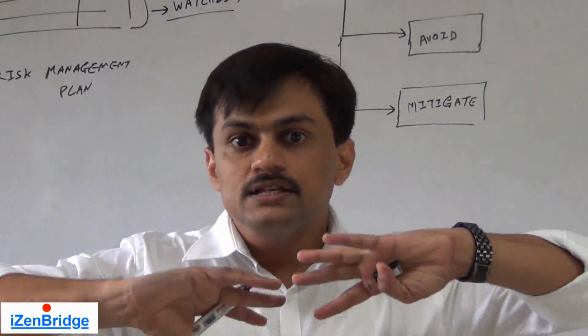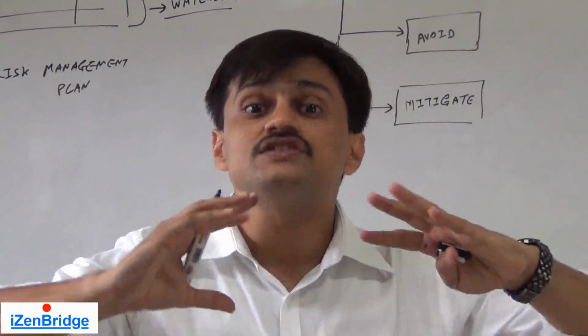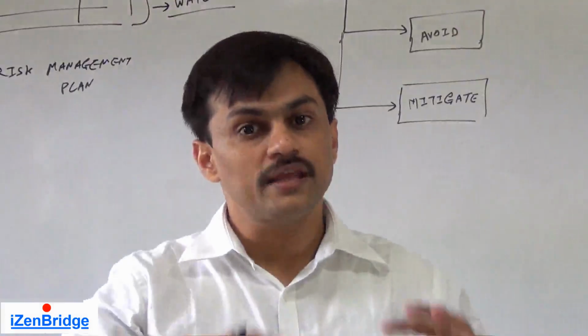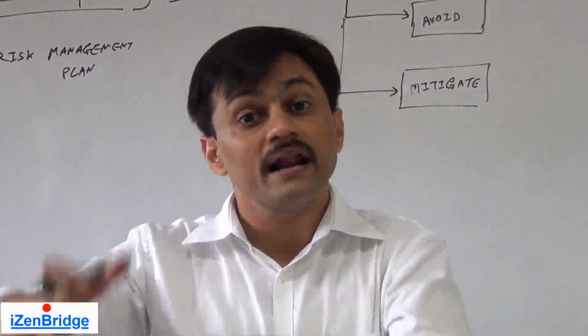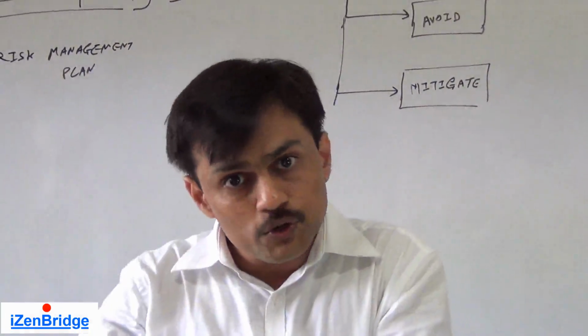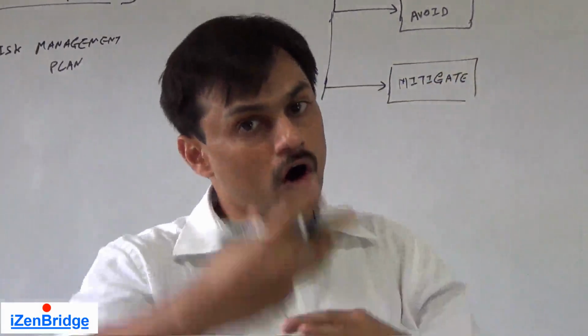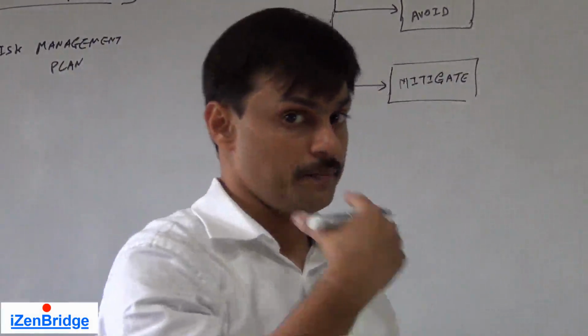Mitigate is a proactive step which we take in order to reduce the exposure or the ranking of a risk. And how do we reduce it? By either bringing down the probability or likelihood or the impact which it makes on a project.